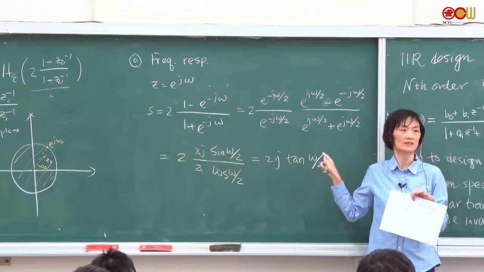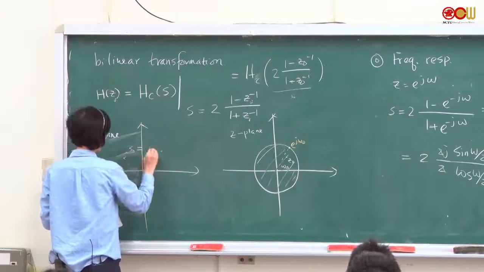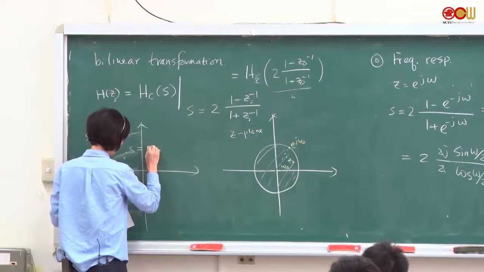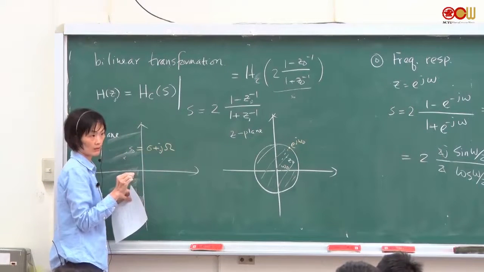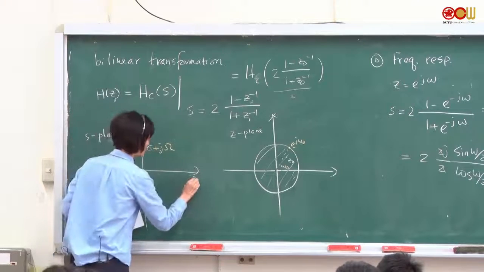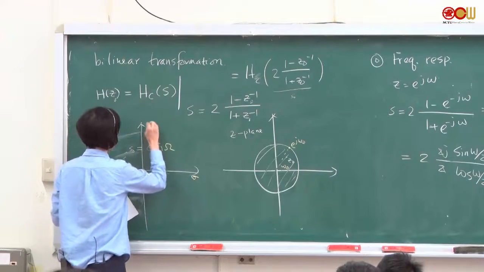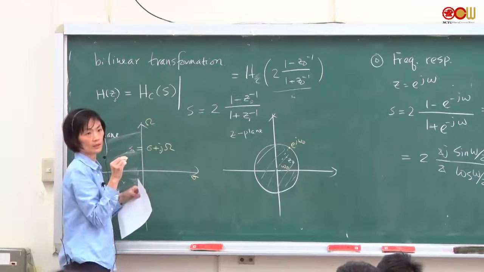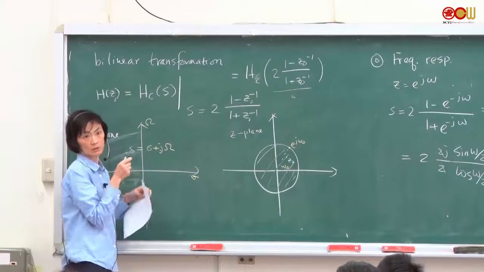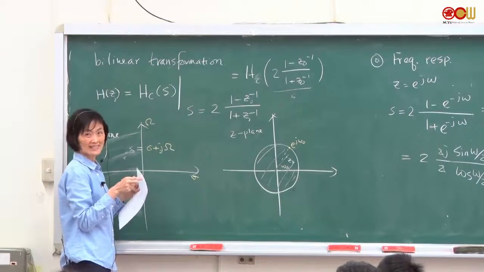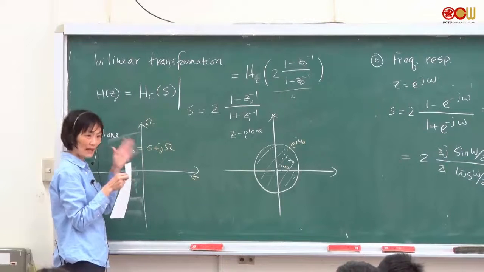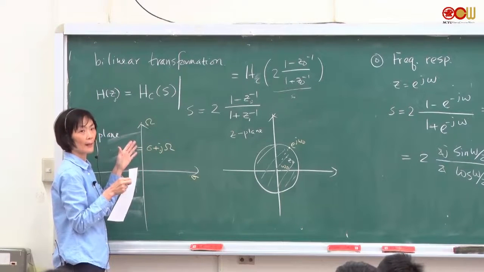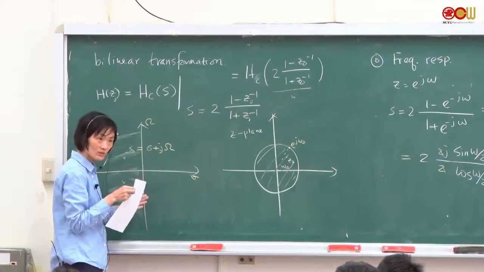So where is this? s is equal to sigma plus jω, right? And this is sigma, and this is omega. Real part and imaginary part. So where is it? It's right on the imaginary axis.